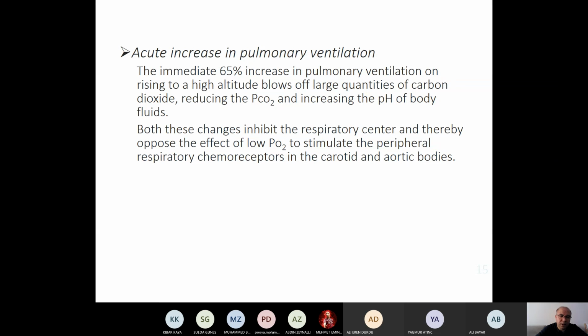In this case we will expire more carbon dioxide. Carbon dioxide concentration will go down, and the pH of the blood will go up, or this is alkalosis. Both of them will inhibit the respiratory center, thereby opposing the effect of low oxygen partial pressure to stimulate the peripheral respiratory chemoreceptors in the carotid and aortic bodies.